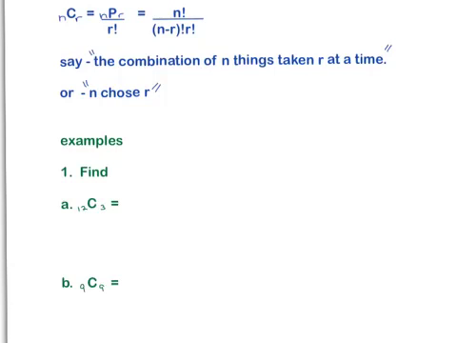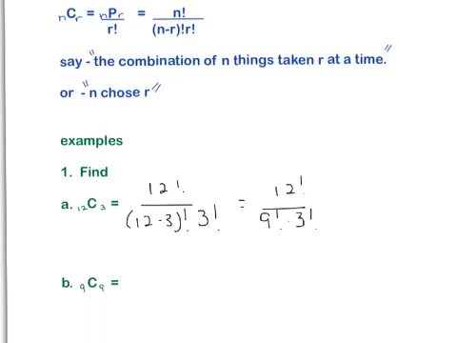So here I have 12 choose 3. Okay, so I'm going to take the 12 factorial over 12 minus 3 factorial times 3 factorial. So I get 12 factorial over 9 factorial times 3 factorial. When I write this out the long way, and I'm not going to write everything, my 12 factorial is going to be 12 times 11 times 10 times 9 times 8, and so on all the way to 1. But my 9 factorial is going to be 9 times 8 times 7 times 6.